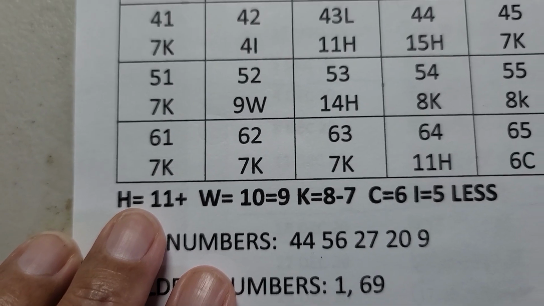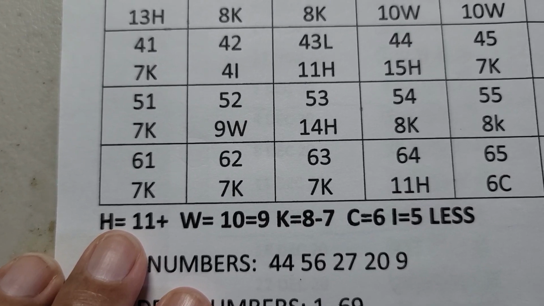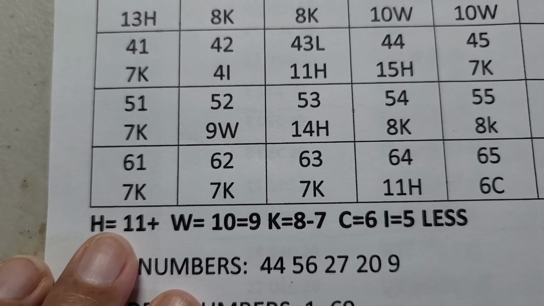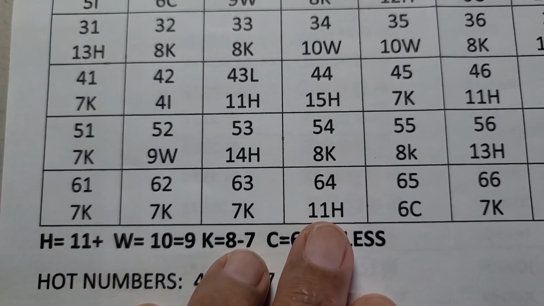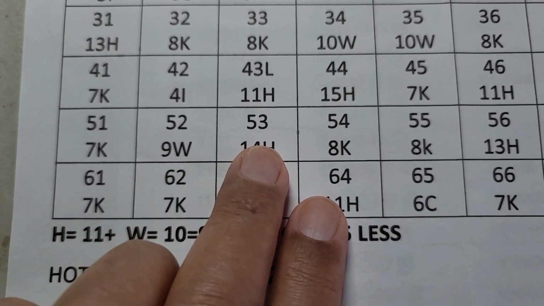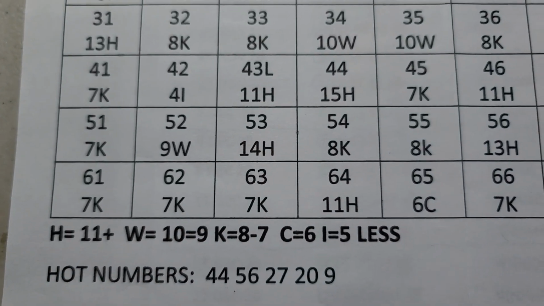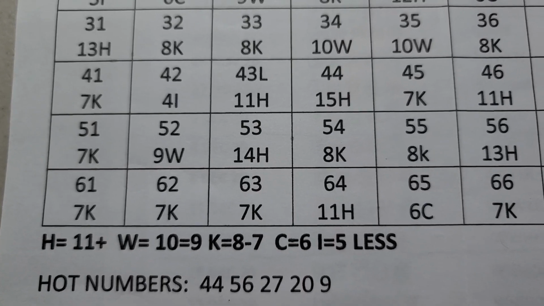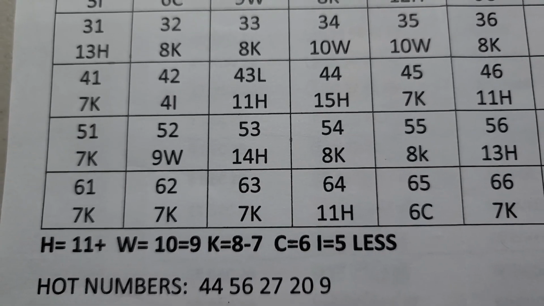These are numbers that appeared 11 or more times in the past 100 games. And 64 is an example of a hot number, as well as 53. And even hot numbers, they're not equal. 53 appeared 14 times and 64 only 11 times.